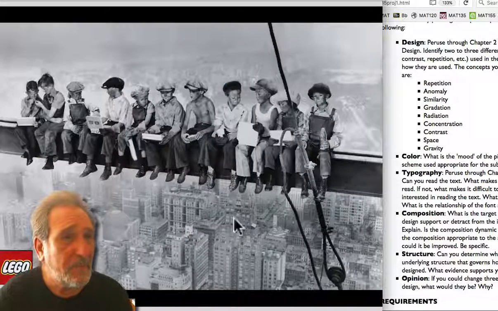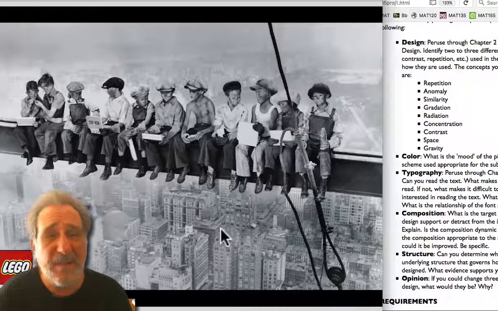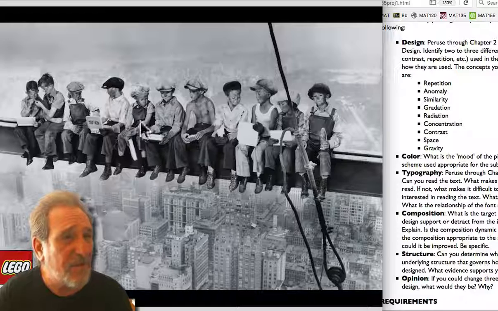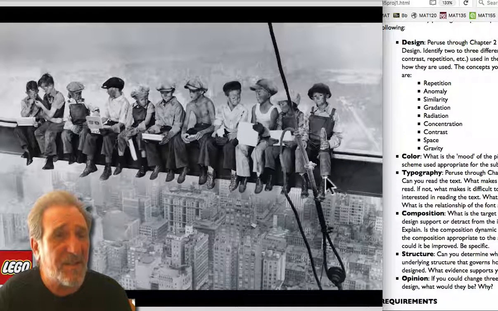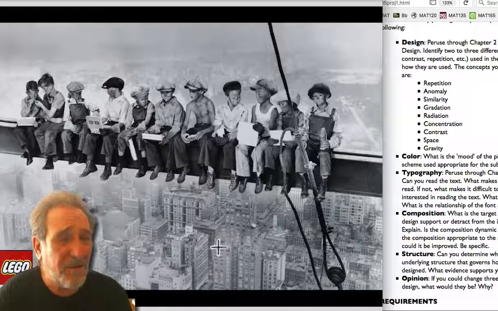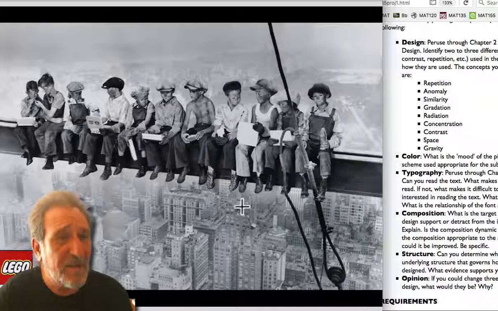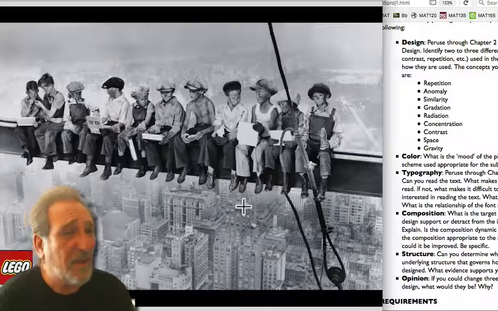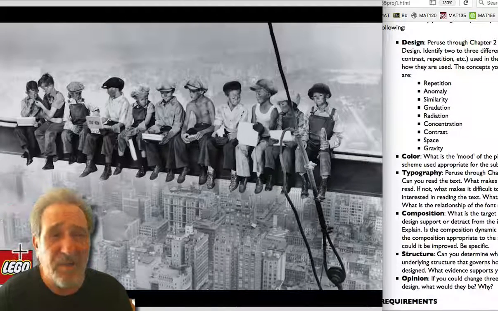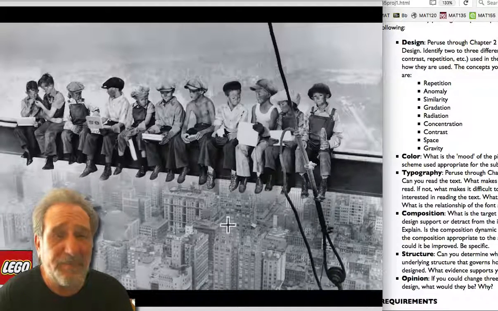Okay. This cute ad, heavily based on photography, has a very strong sense of similarity with all these kids hanging out on that big girder. A very strong sense of space because of the advancement of the image and the receding of the city below. A very strong anomaly with the red logo.